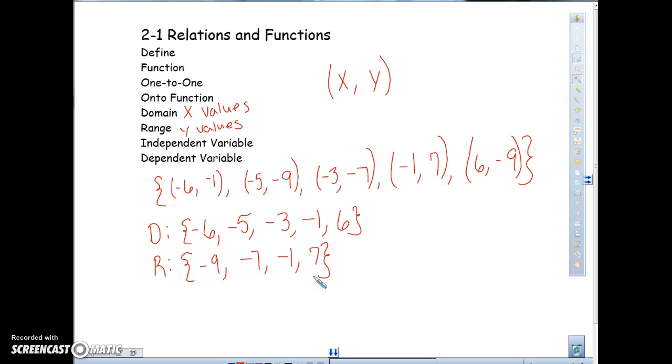So the very first thing you look for to be a function, your x values cannot repeat. So look through all your x values. You have a -6, a -5, a -3, a -1, and a 6. They do not repeat, so this would be a function.